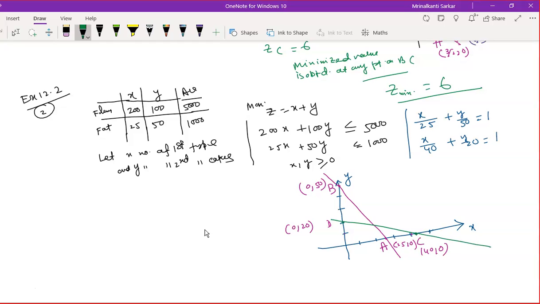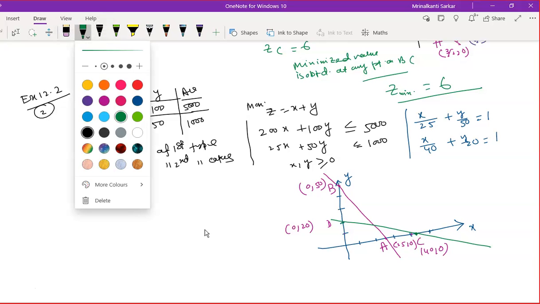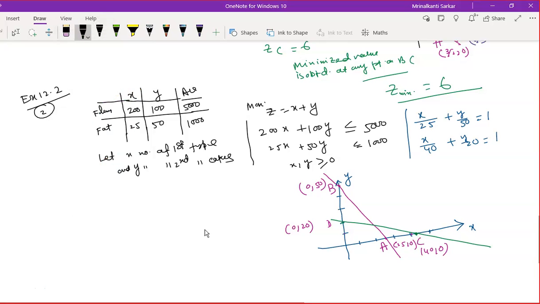Now both the regions, because of less than or equal, are directed towards the origin. If I don't have time, I'll simply write the common region as x, y greater than or equal to 0. So this is the common region described by the two inequations.